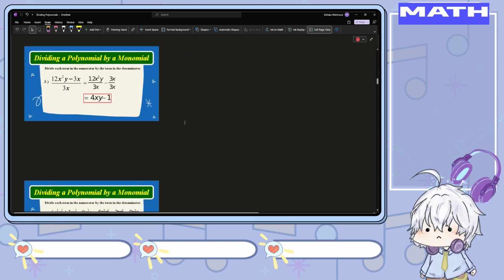You can verify this next example by doing it on your own. Pause the video if you want to solve it on your own so that you can move on to the next one.